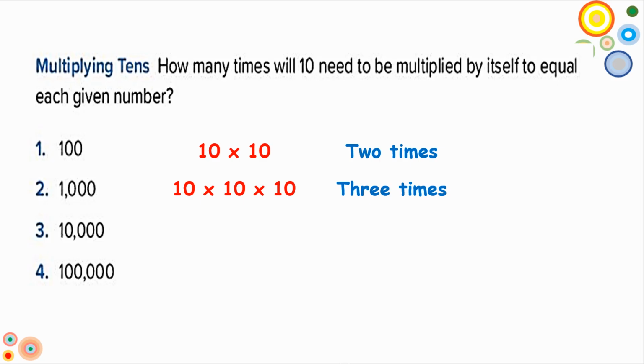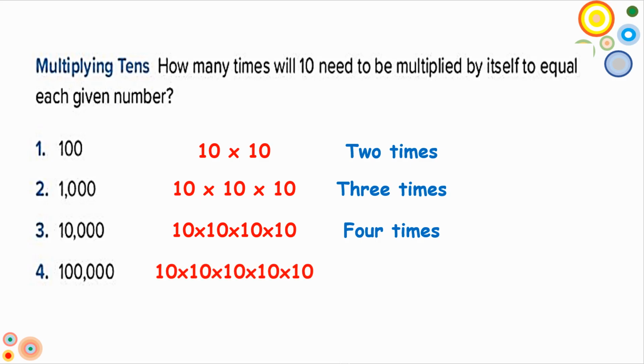In number 3, I have here 4 zeros, so I have to write 10 4 times. 10 times 10 times 10 times 10, 4 times. The last one, how many times? Think by yourself. Yes, 5. 5 times.